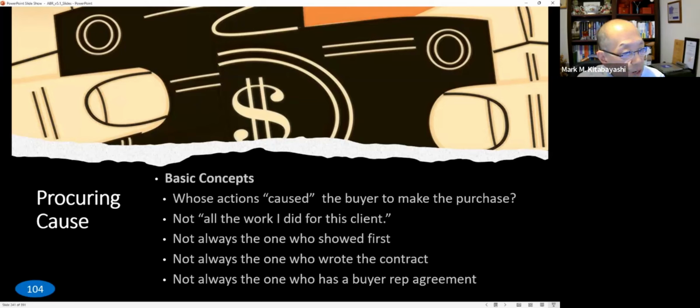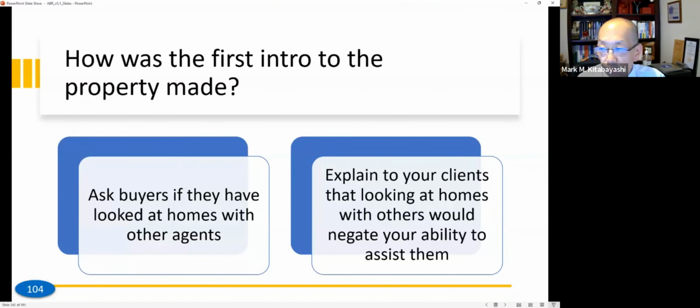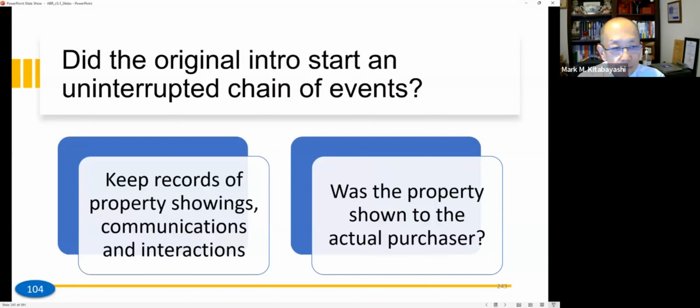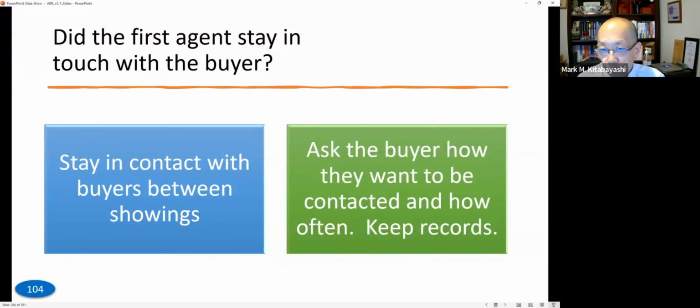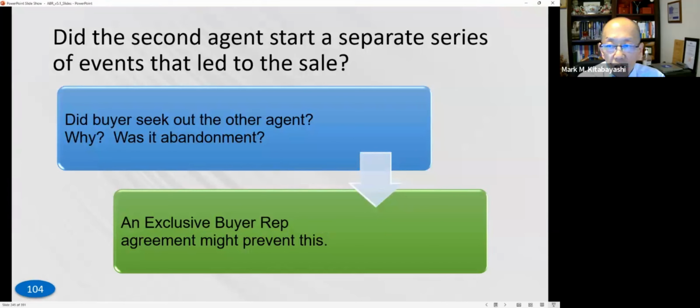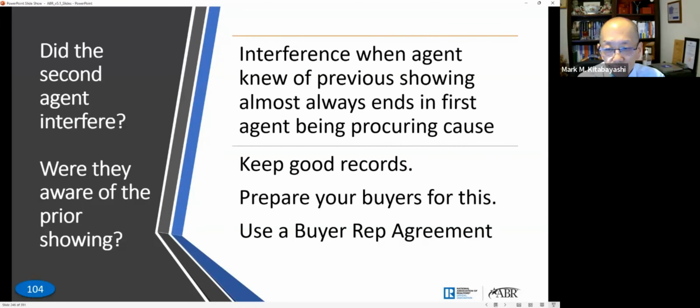But always having a buyer agency agreement could help avoid the situation. Basically, how was the first introduction to the property made is one of the things. I'm going to skip this a little bit. In other words, it should be a continuing activity with that buyer, especially when it's the house that they choose to buy.